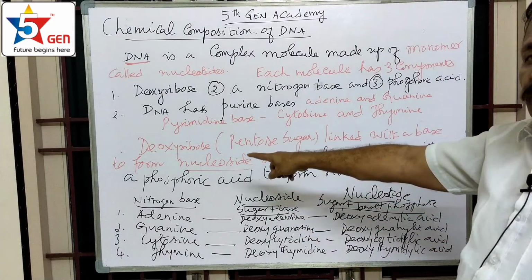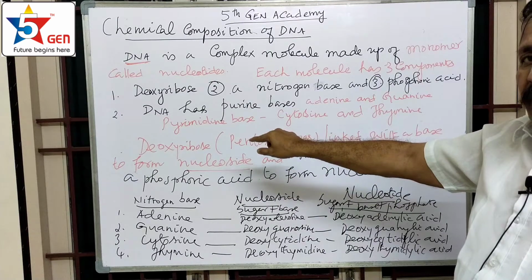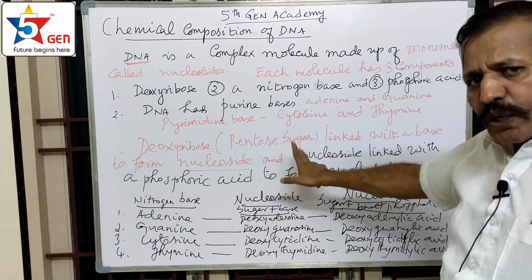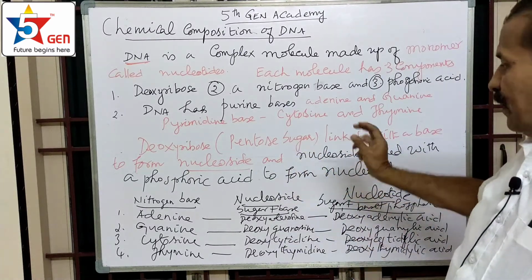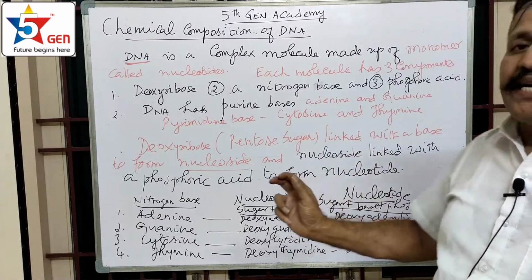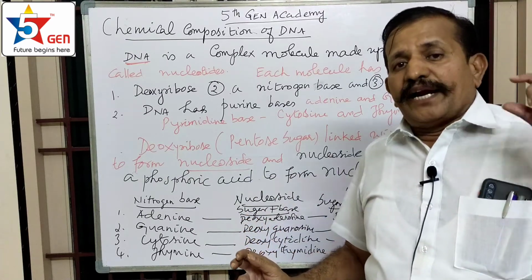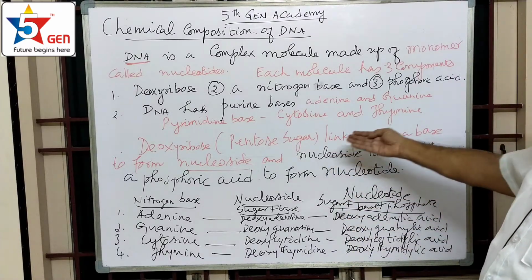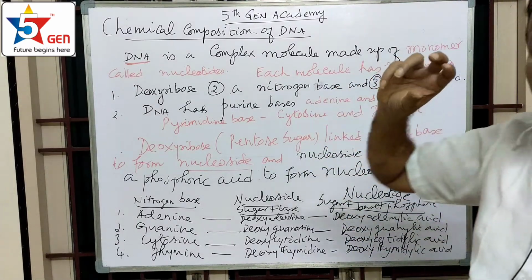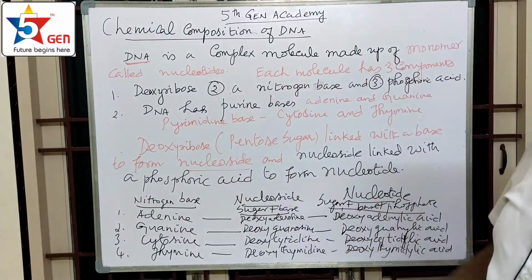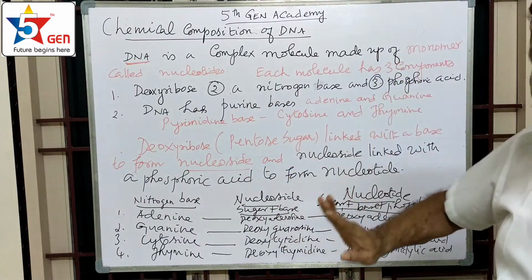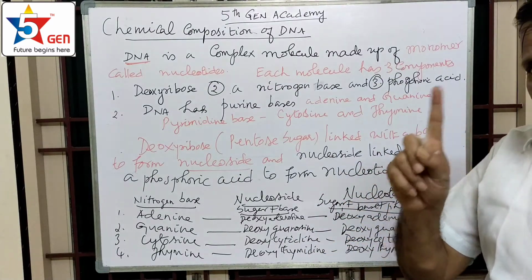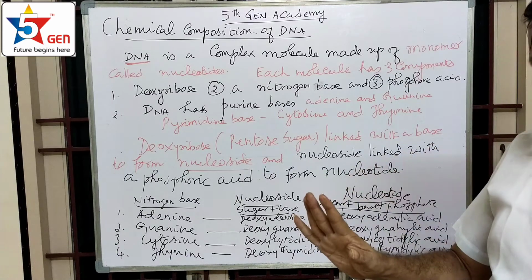The deoxyribose is a pentose sugar. That pentose sugar is linked with a base, whether adenine, guanine, cytosine or thymine, to form a nucleoside. Phosphoric acid is not present here. What do we mean by nucleoside? One pentose sugar and one nitrogen base, that's all.